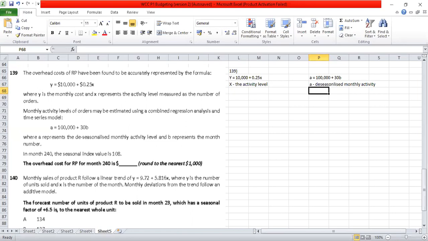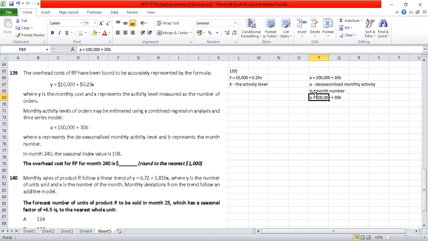Let's first calculate the value of A. B represents the month number, which is given as 240.